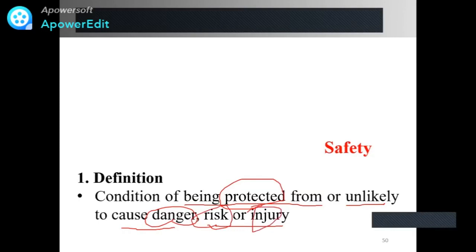The safety means protection from dangerous situations, risky situations, or injury.